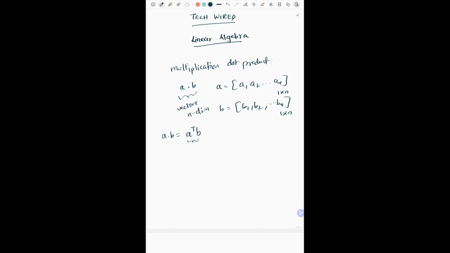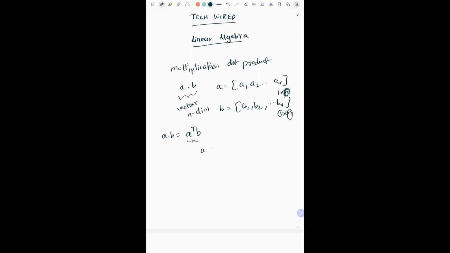Why do we need to do the transpose? Typically, if you know matrix multiplication, the number of columns of one matrix should match the number of rows of the other. Only then can you matrix multiply.